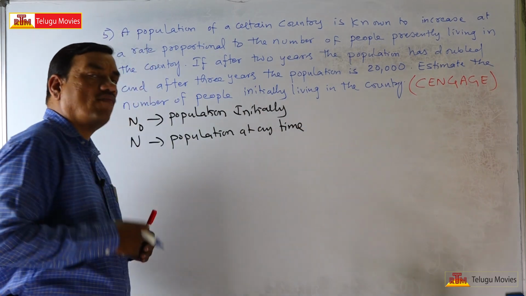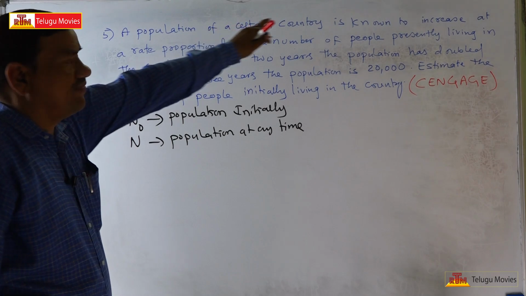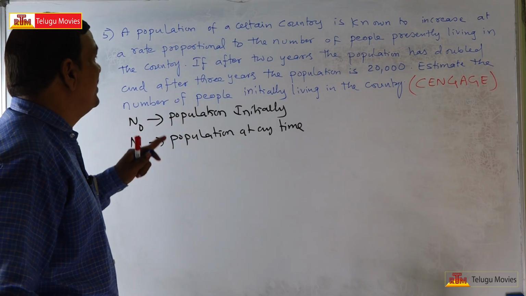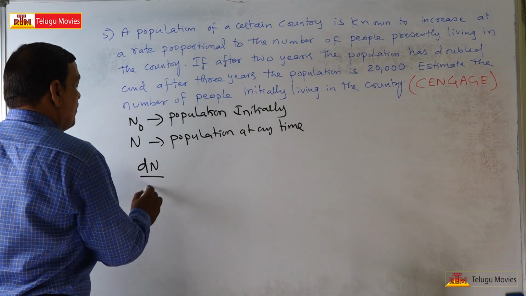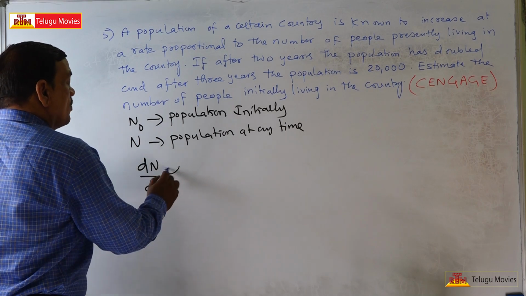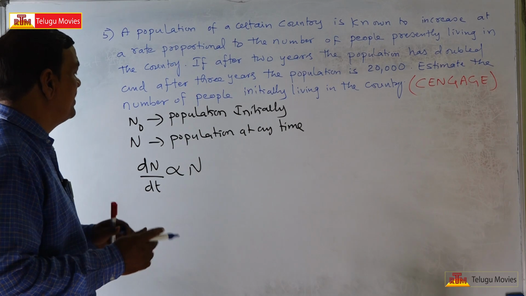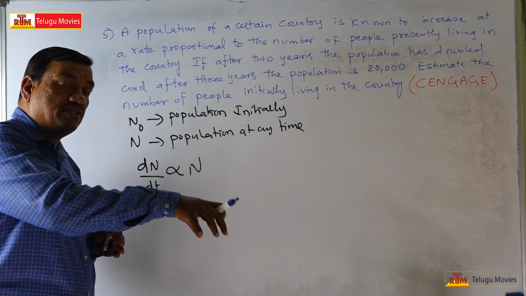Maybe after 1 year, after 2 years, after 3 years, N is the population. First, read the first sentence: a population of a certain country is known to increase at a rate proportional to. That means dN by dt is proportional to N, proportional to the presently living population. If it is the 3rd year, it is proportional to the population present in the 3rd year.